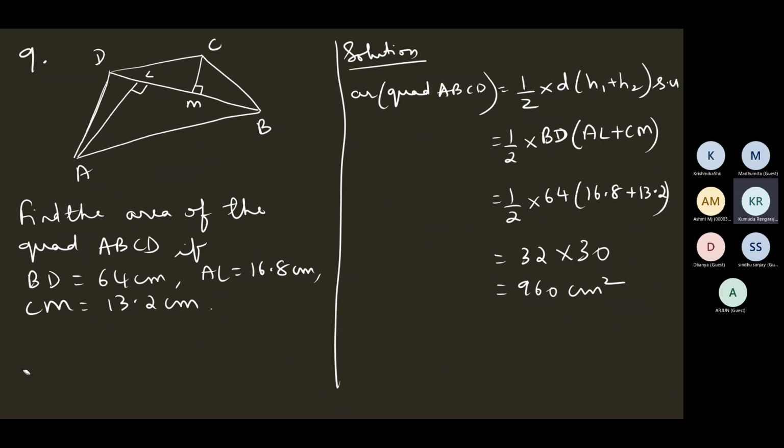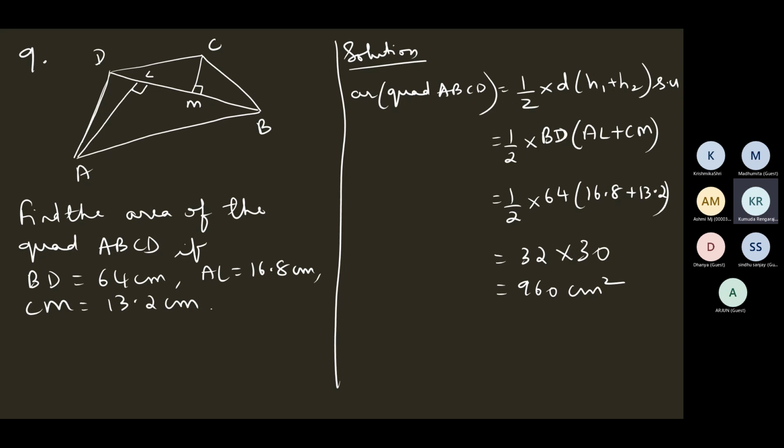This is the formula to find the area of a quadrilateral. Given information like this, you can use the formula half into d into h1 plus h2. That is, half diagonal into the sum of the altitudes falling on that diagonal. Here the diagonals are BD and AC.